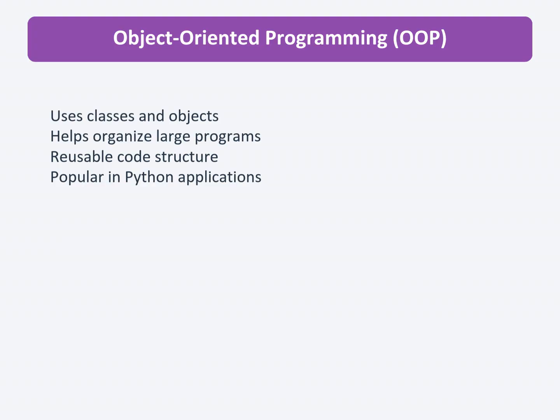When you are a programmer and you have lots of work, you cannot write the same code time after time. That's the reason OOP gives you access to reuse the code again and again, and it makes your life easy. That's the reason OOP is very important.